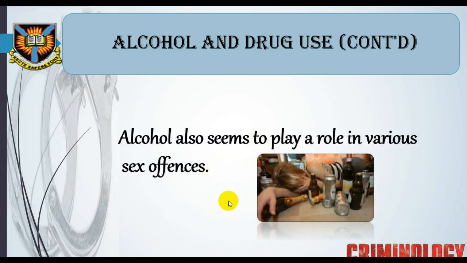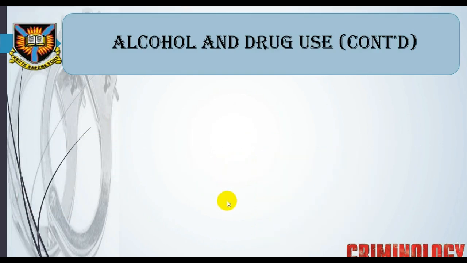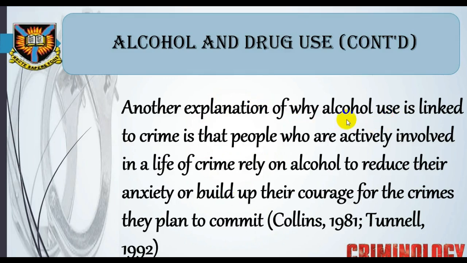Another explanation of why alcohol use is linked to crime is that people who are actively involved in a life of crime rely on alcohol to reduce their anxiety or build up their courage for the crimes they plan to commit. Collins, 1981. Tunnell, 1992.